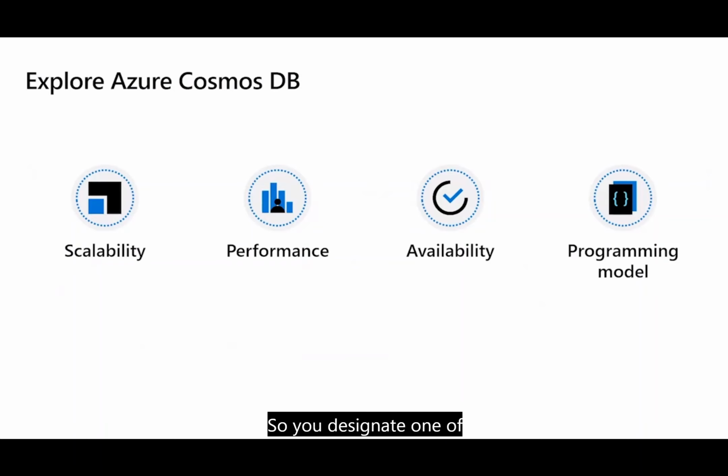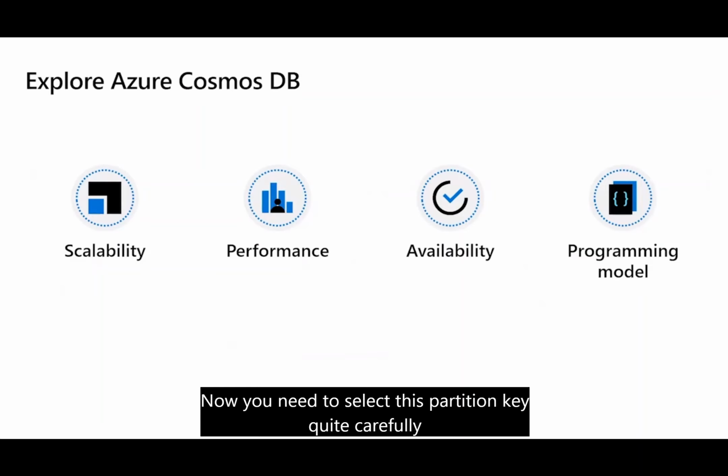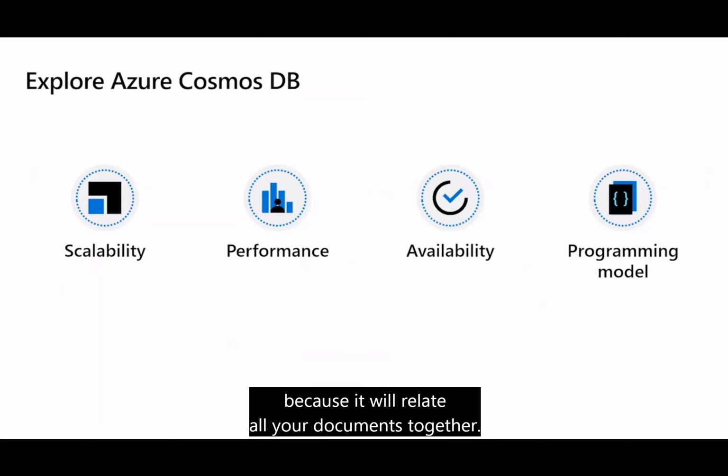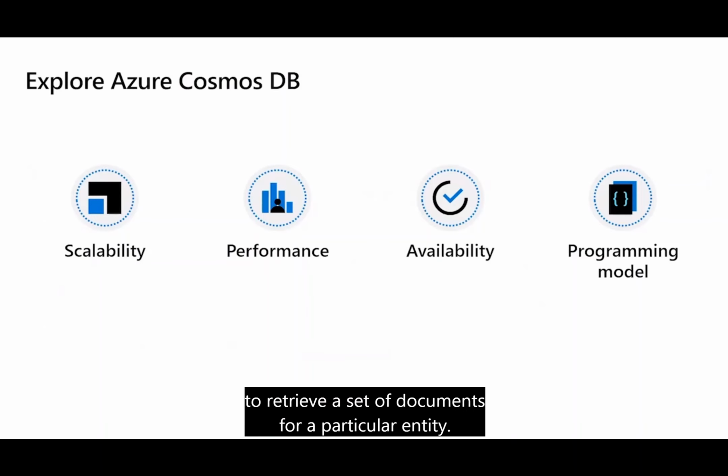So you designate one of the fields in your document as the partition key. You need to select this partition key quite carefully because it will relate all your documents together. This approach will help reduce the amount of I/O, or input and output operations, that a query might need to perform to retrieve a set of documents for a particular entity.